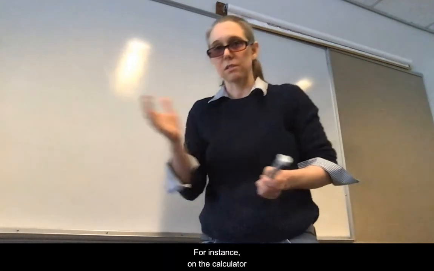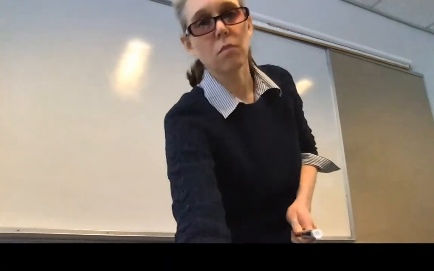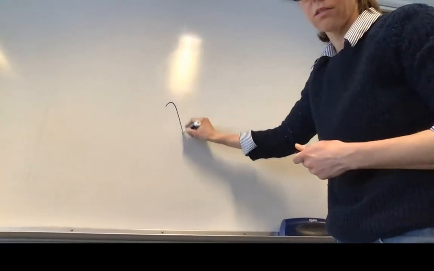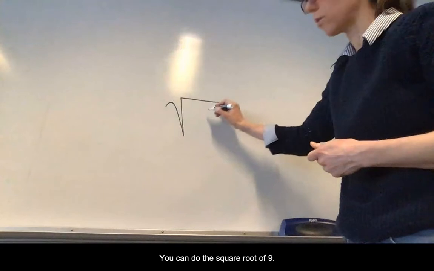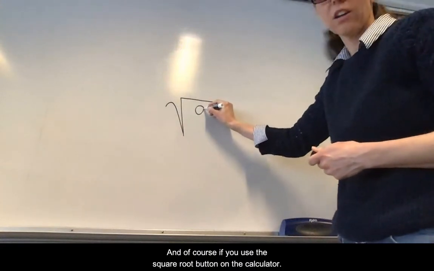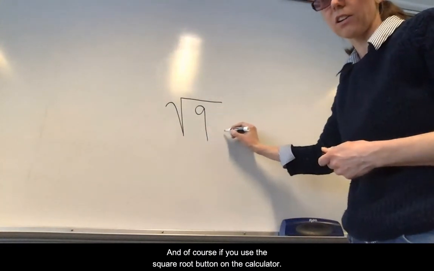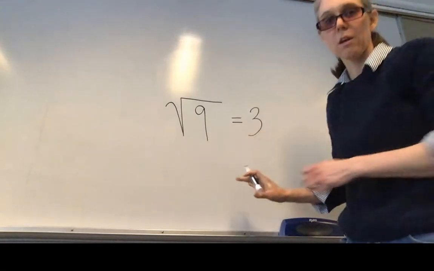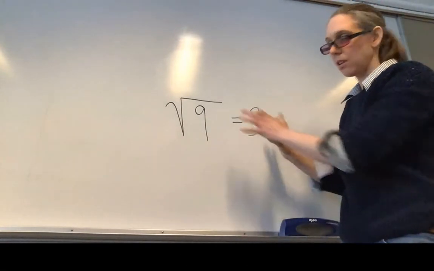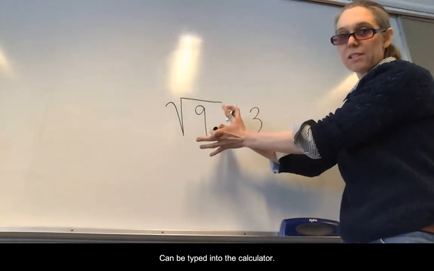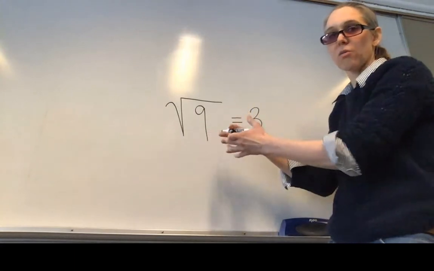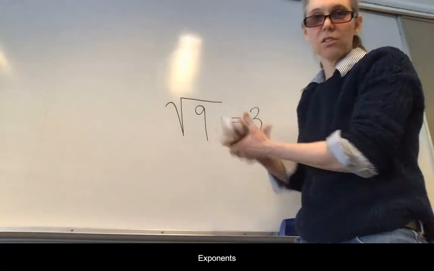For instance, on the calculator, you can use the square root button to do the square root of 9. And of course, if you use the square root button on the calculator, the output is 3. But this exact same expression can be typed into the calculator using what are called rational exponents.